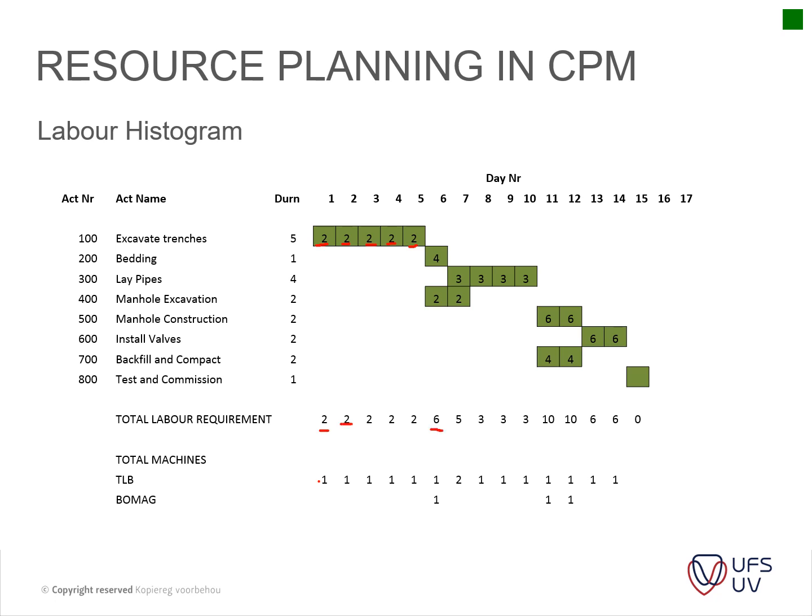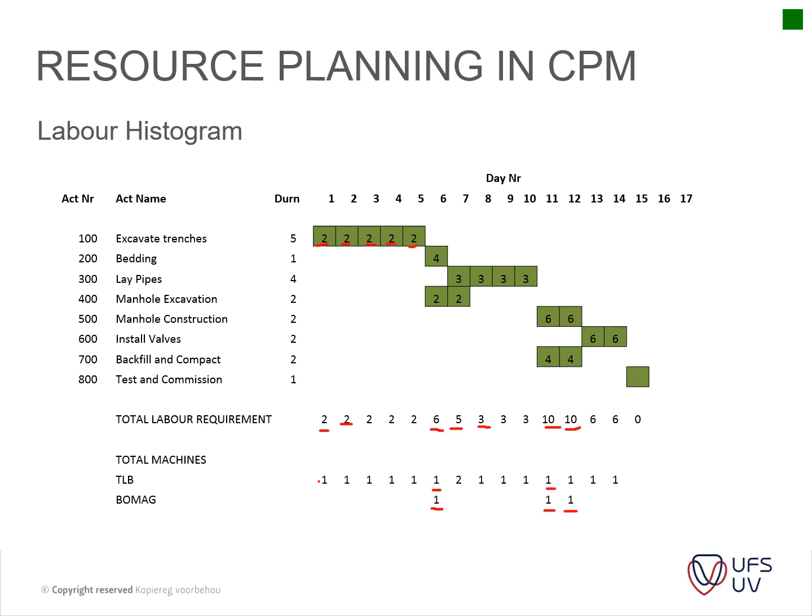Here it goes up to 6, 5, 3, and then you peak at 10 here. And here you can see you've got a TLB and a BOMAG that is listed as needed, and here the same.